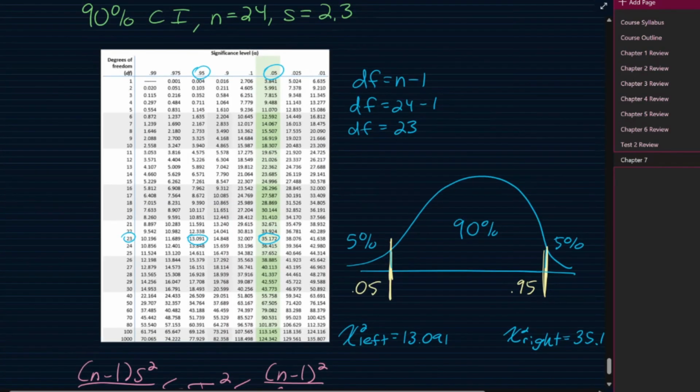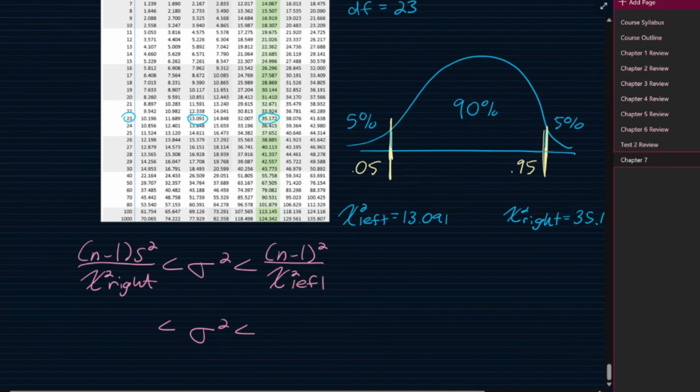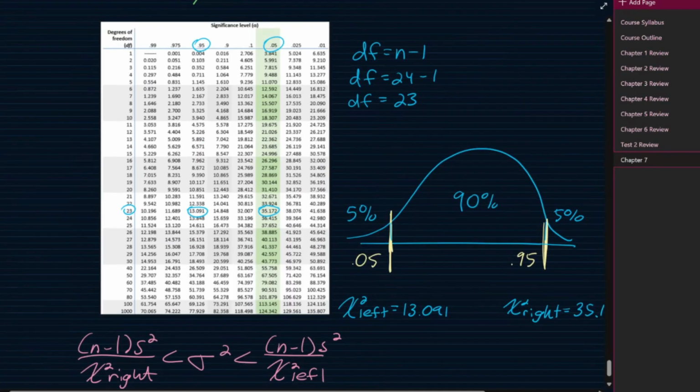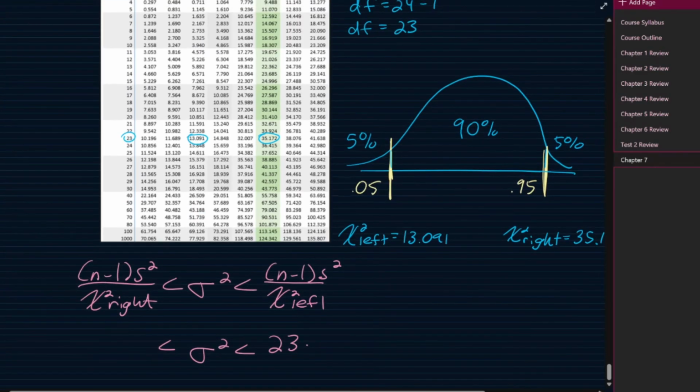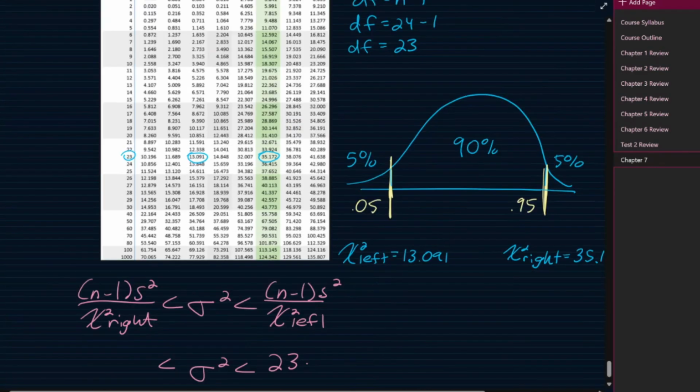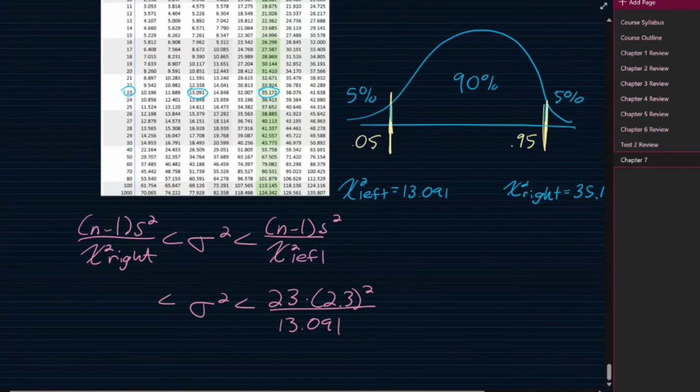That's 23 times s squared. S is 2.3, so that's times 2.3 squared, over chi-squared right, which is 35.172. Over on the right side, we get 23 times 2.3 squared, over chi-squared left, which is 13.091.